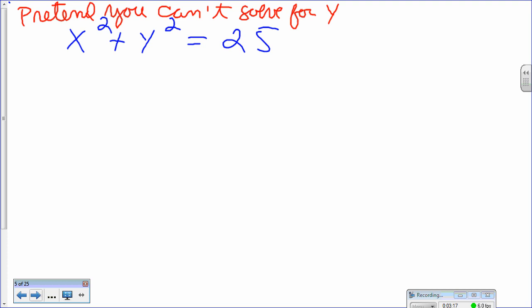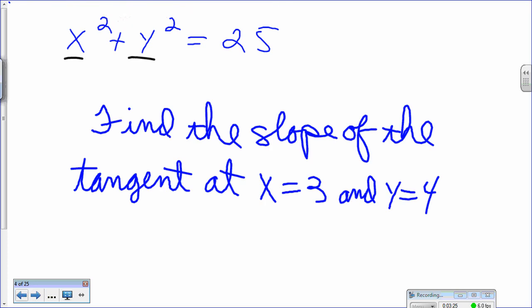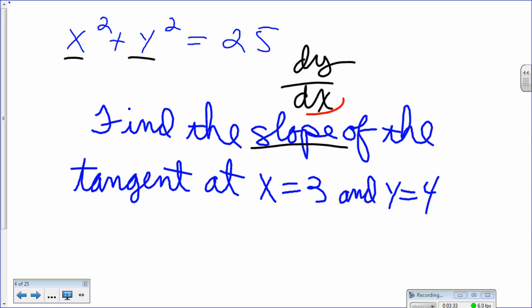Y equals square root of blah, blah, blah, right? Y is a function. So when I want to find slope, which is dy over dx, x is a variable, and y is a function.